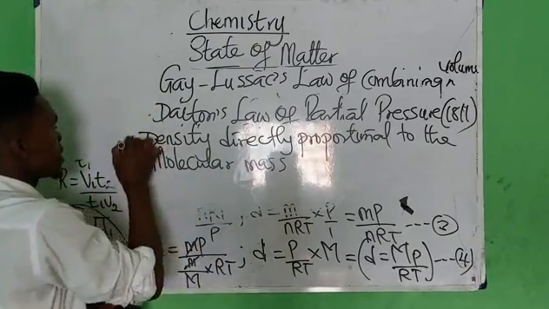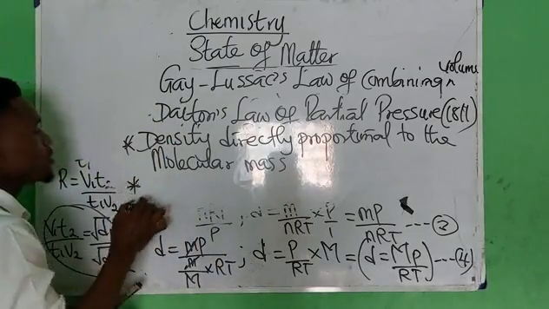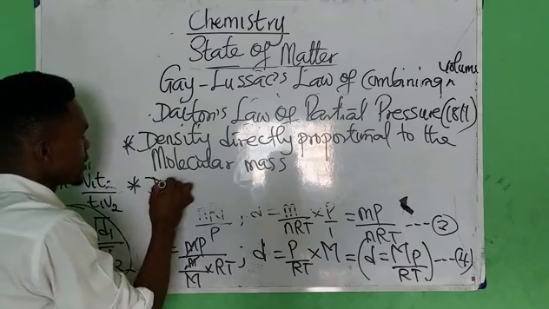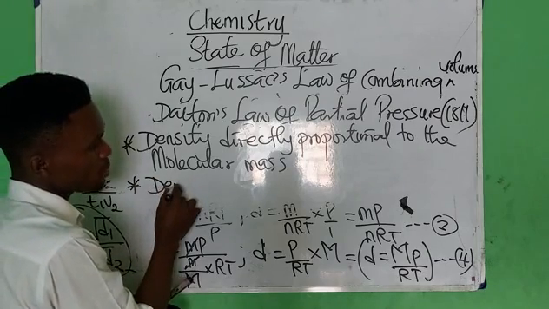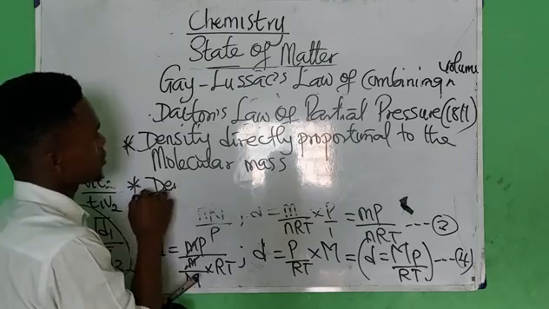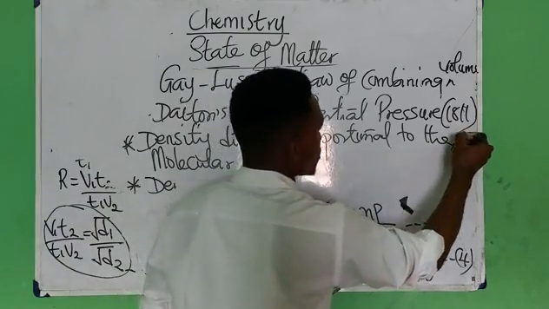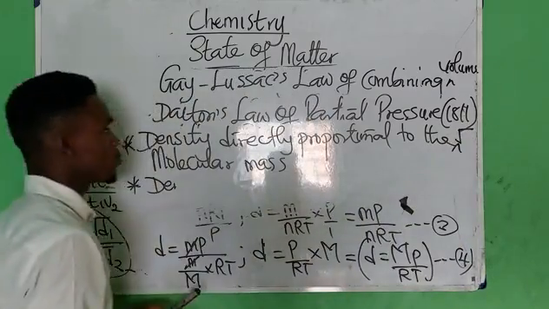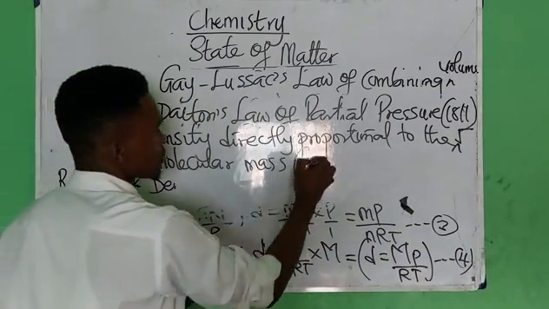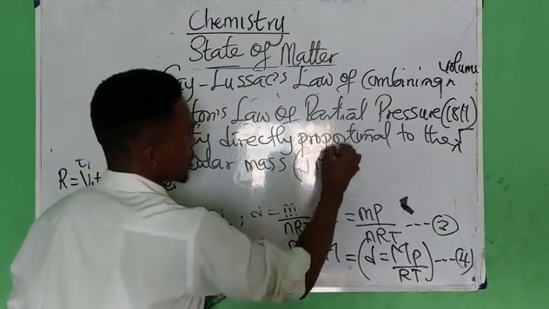That is from the formula, but the law itself said that the rate is related to the square root of the molar mass, that is, the square root of big M.